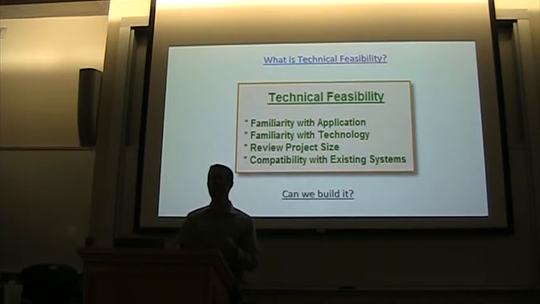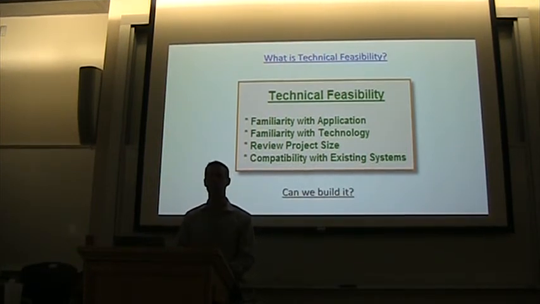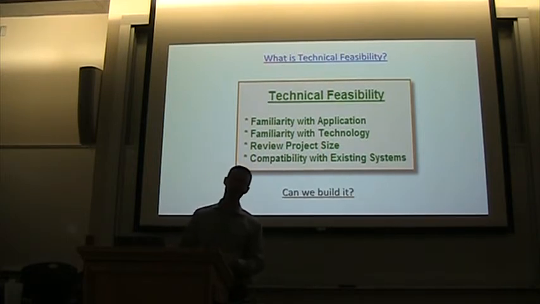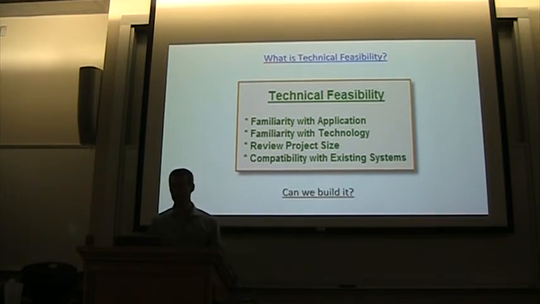You might not feel very good about doing mobile development. Maybe you're really good at PHP, but nobody knows anything about Objective-C or Swift, and you're like, I'm not sure that's a really good thing for us to do.